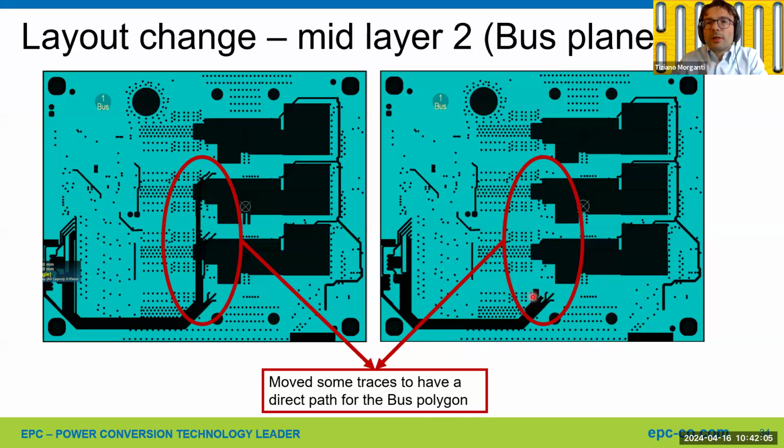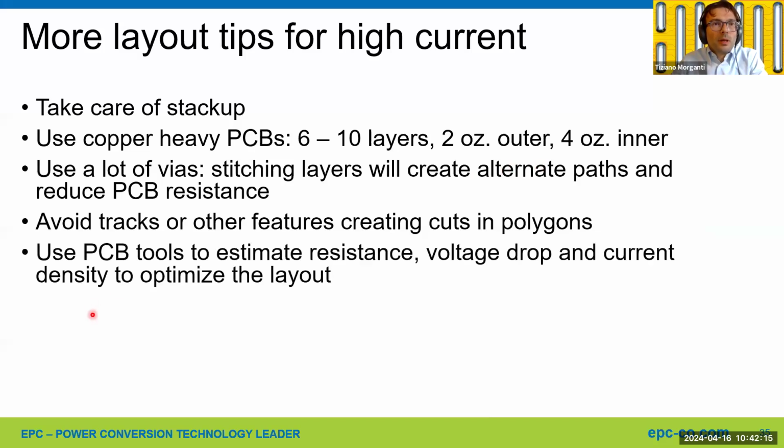So we moved those tracks in a different layer in order to keep the integrity of the distribution polygon for the VBus. Also, you can use PCB tools to estimate resistance or voltage drop and optimize the layout.